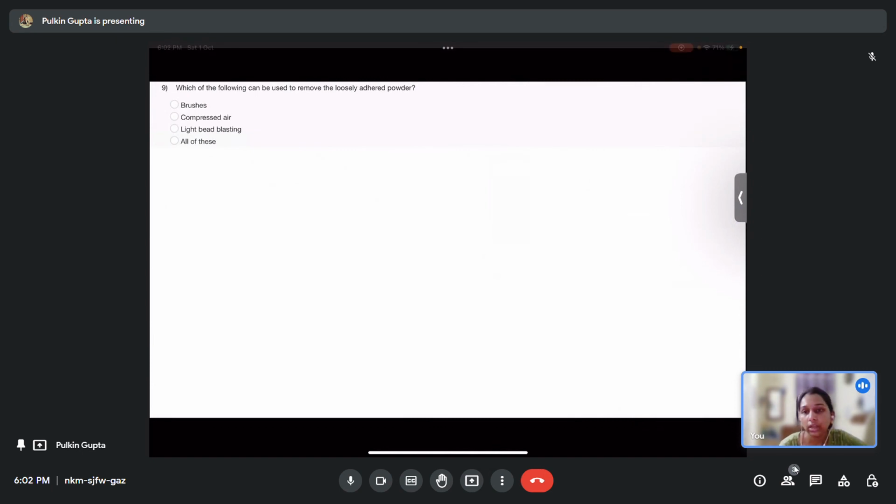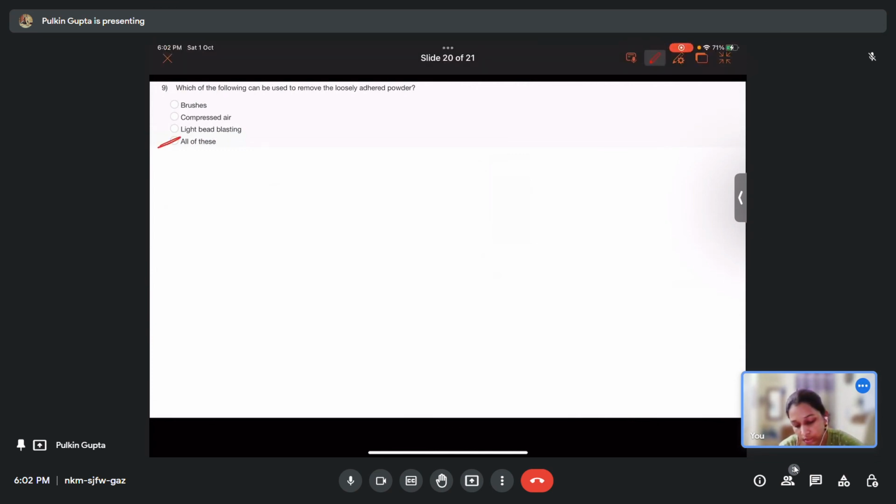Question 9. Which of the following can be used to remove the loosely adhered powder? Brushes, compressed air, light bead blasting, or all of these? So all of these can be used to remove the loosely adhered powder.